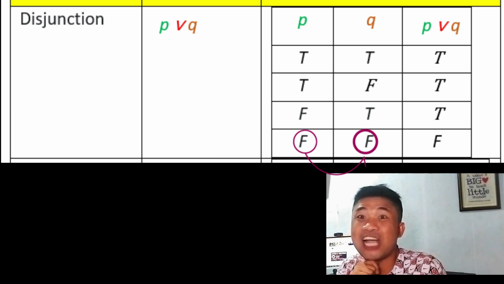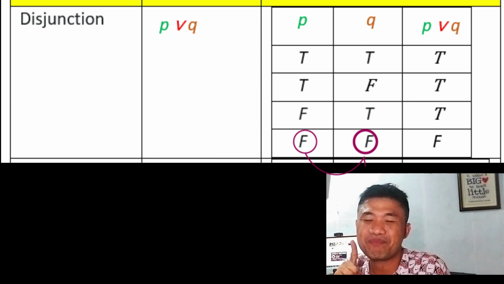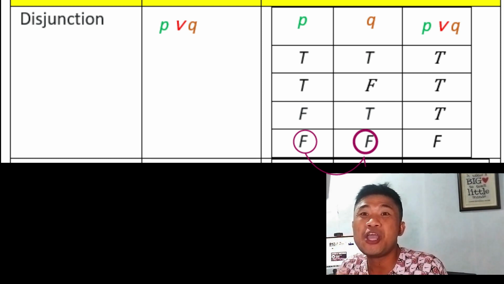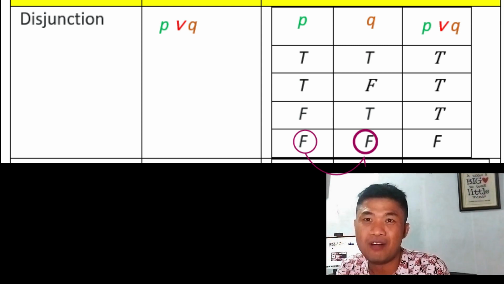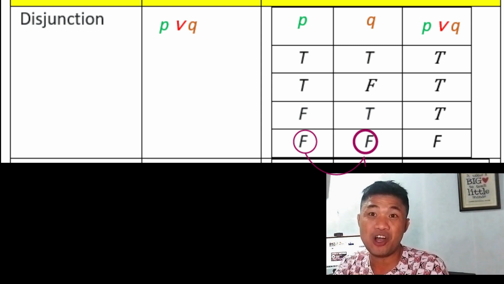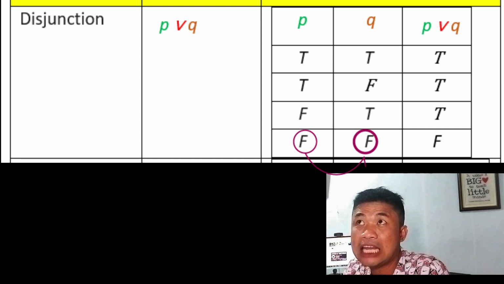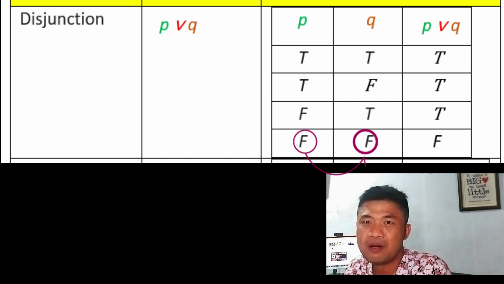How about the disjunction? Or. The truth table on this one, we will take note. Be cautious that we have to check only if there is one true value, either of the two. The first proposition is true and the other one is false, so the result is true.